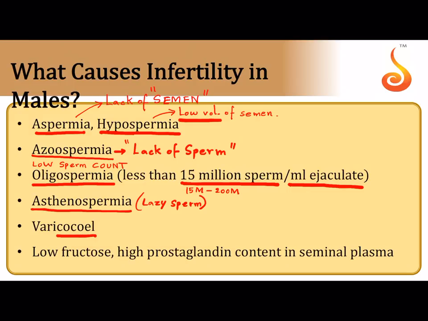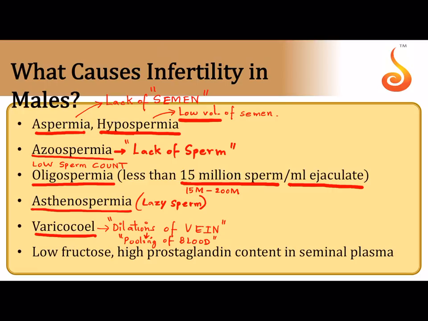Then varicocele refers to sometimes a dilation of veins within the scrotum. The veins in the scrotum may become broader and blood starts pooling inside. So there is pooling or collection of blood within the scrotum, because the veins in the scrotum, especially the veins which drain the blood from the testis, have become dilated.